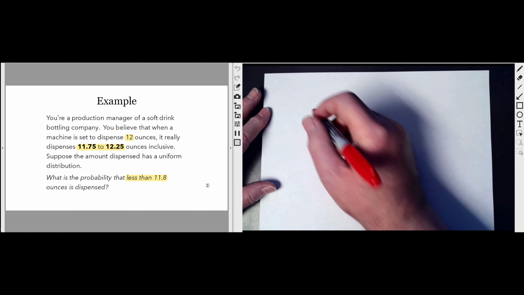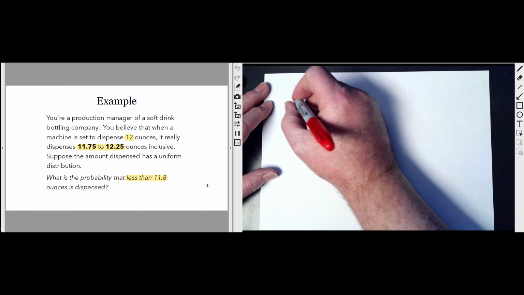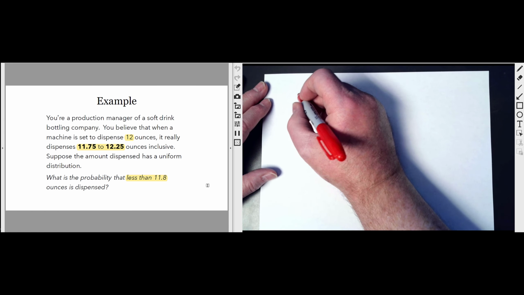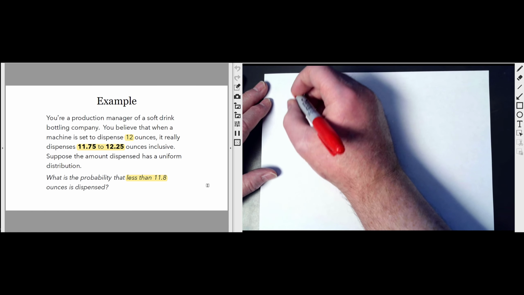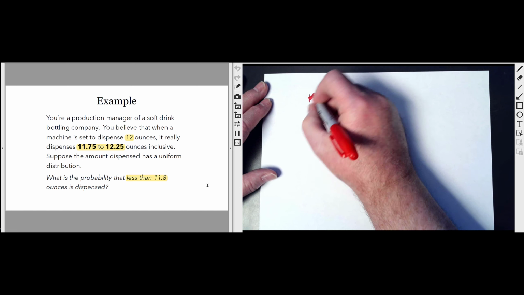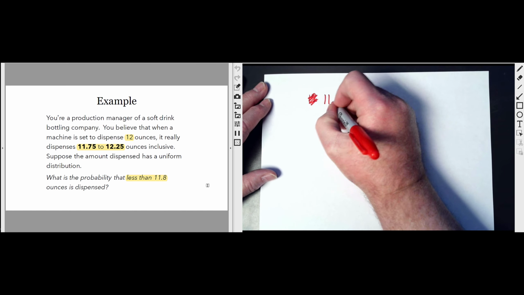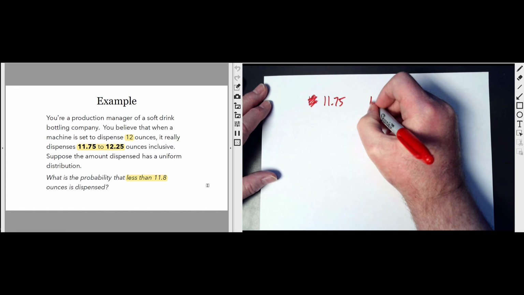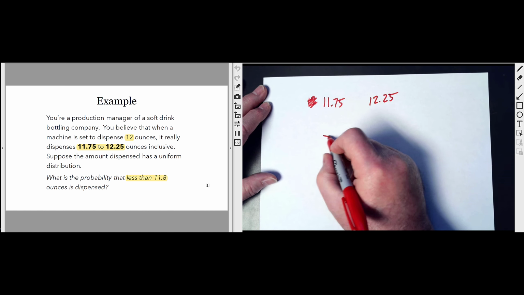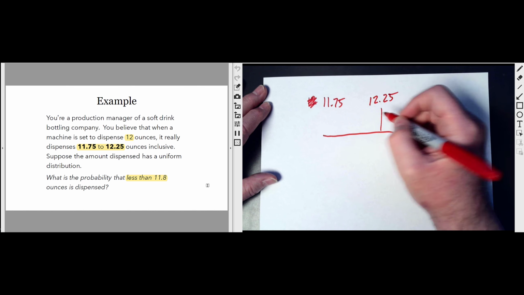Alrighty, well, let's see. So, our range is from 11.75 to 12.25. Okay, so that's our range of possible values.